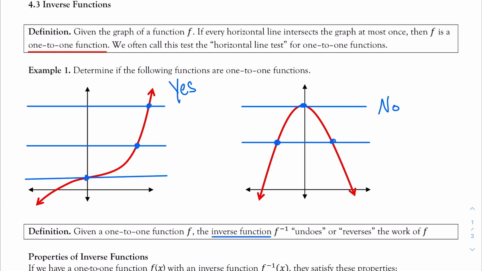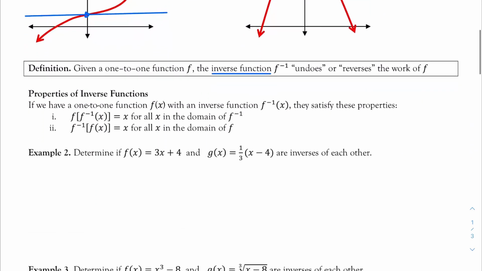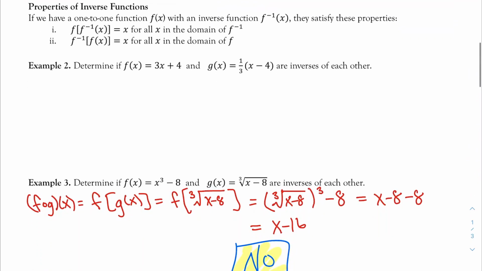If I have a one-to-one function, f, and an inverse function, f inverse, then they satisfy the property where if I do their composition, remember compositions are whenever I plug one function into the other, I get exactly x, regardless of the order of composition. So we're going to focus on this property.